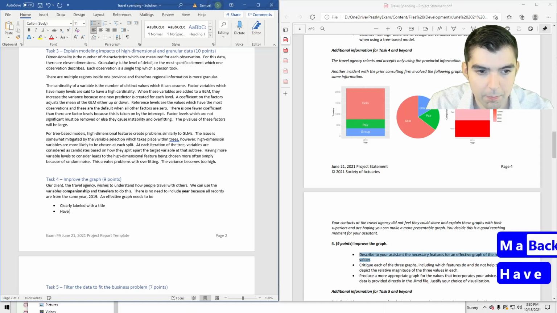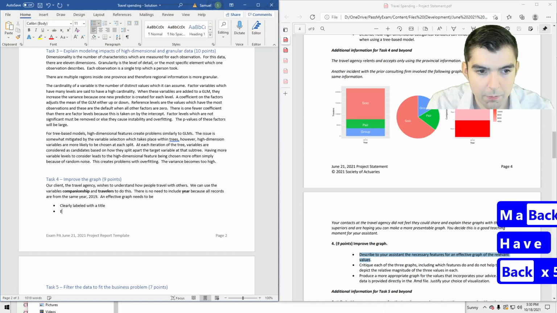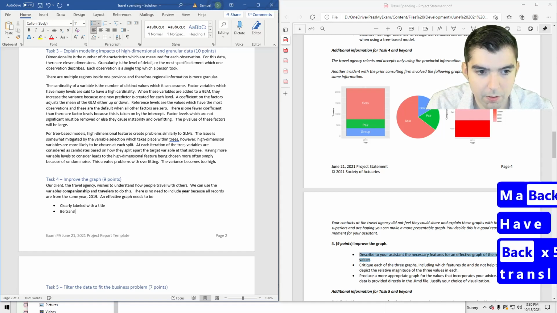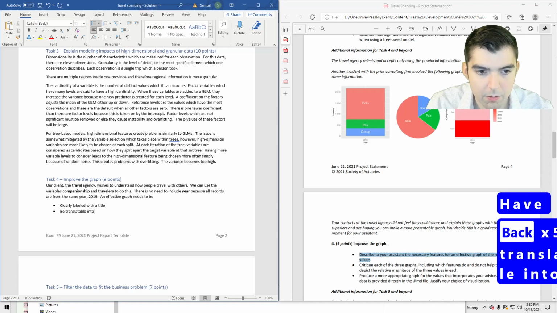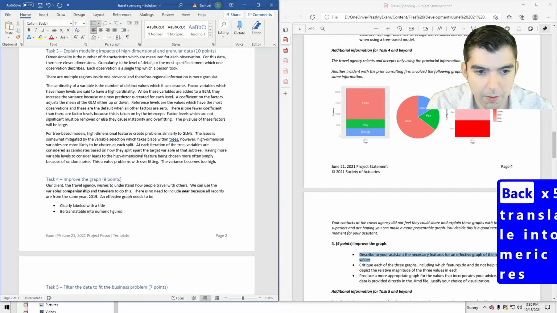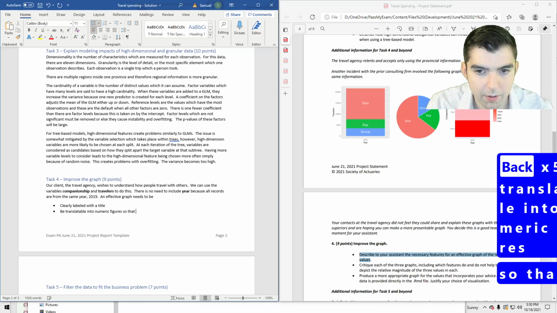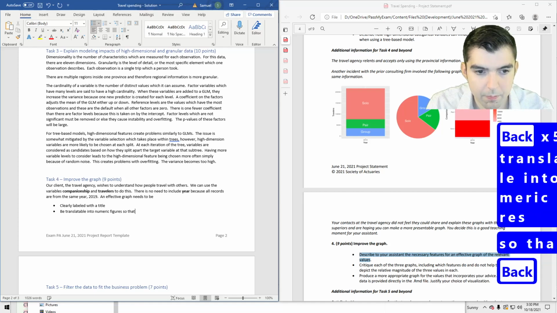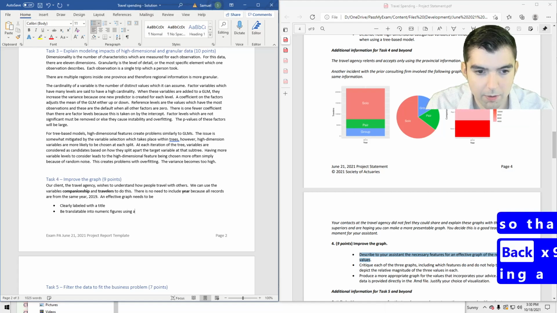Be readable, be translatable into numeric figures, so using axes, labels, and markers.